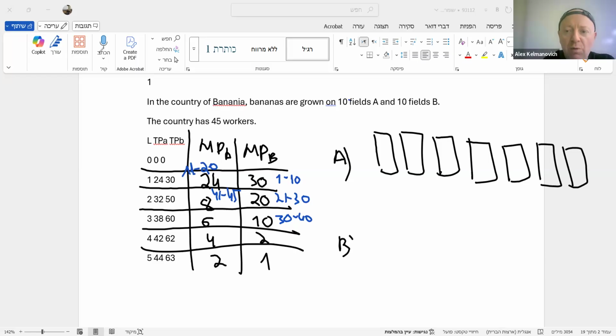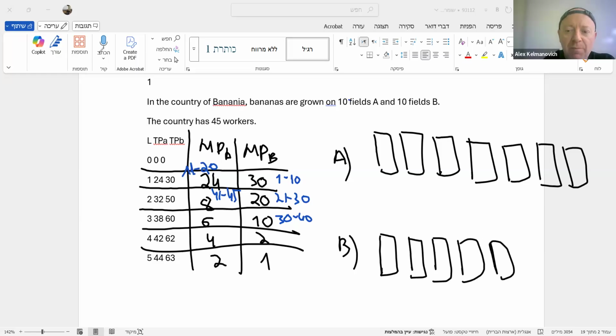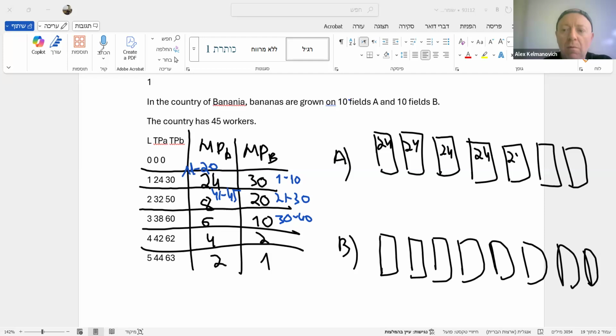You don't really need to draw all the fields because it could also be 100 fields. So in field A, you have 10 labors of 24 and 5 labors of 8.